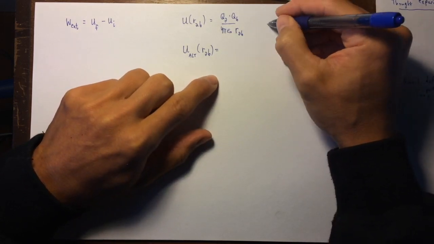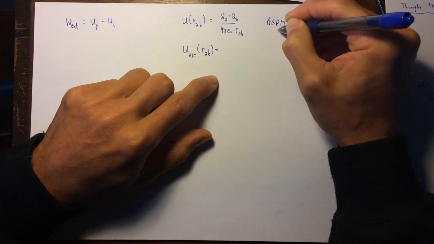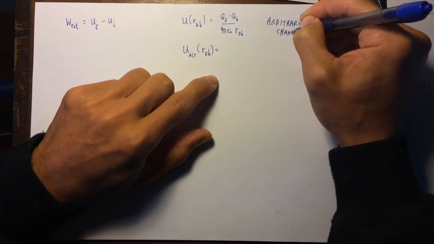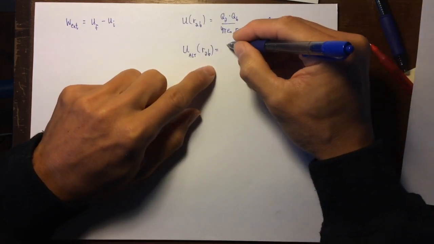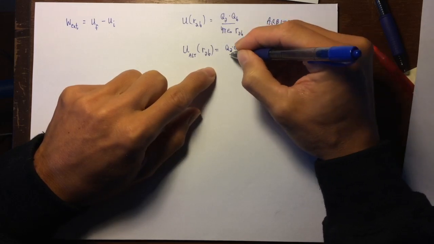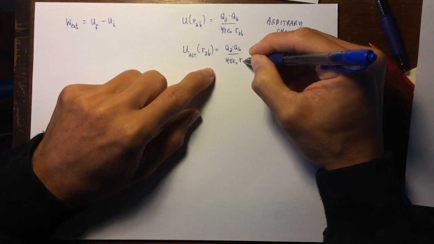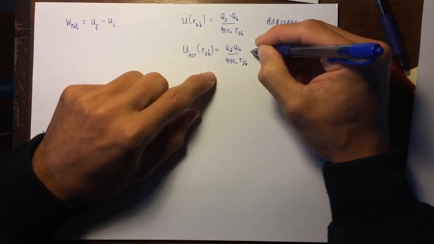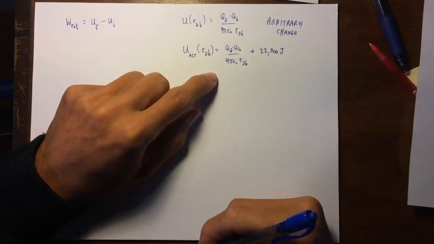So I'm going to make an arbitrary change. The arbitrary change is I'm going to say that it basically looks the same. It's still QA times QB over 4 pi epsilon naught RAB, but it's got plus 22,000 joules, right?